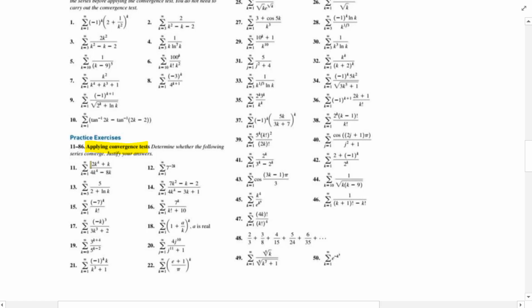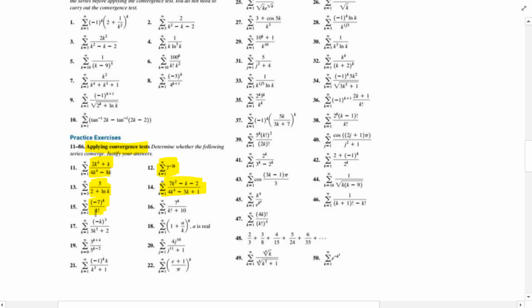For example, if we look at 11, just a quick look, I would use the divergence test, and for this problem I would use the root test. For this one I would maybe use the integral test, or maybe the integral test. For this one I would again use the divergence test.